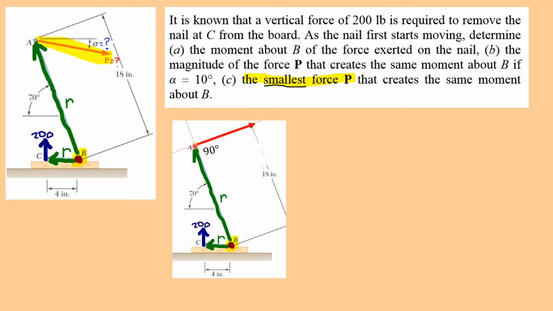If our force is 90 degrees with a lever arm, then 100% of that force is going to do nothing but rotate it. Anything that's not 90 degrees, it's not rotating it. It's just pushing and pulling on it, and it's wasted effort. If the point of all of it is rotational motion, then we want all of our effort to go straight into rotational motion.